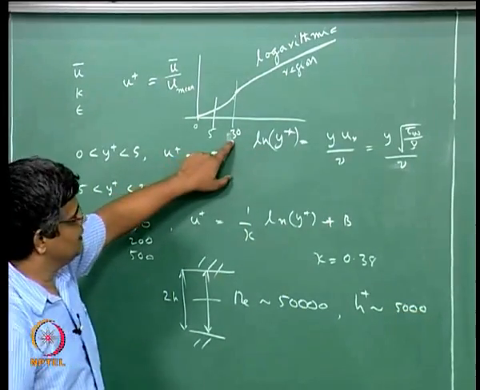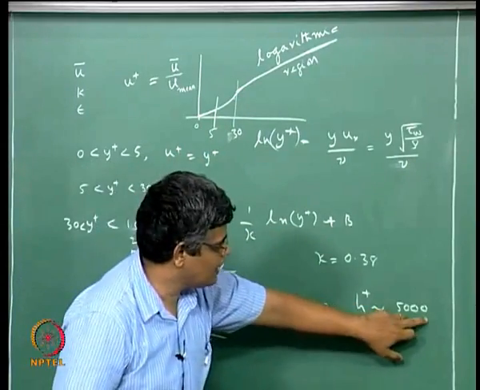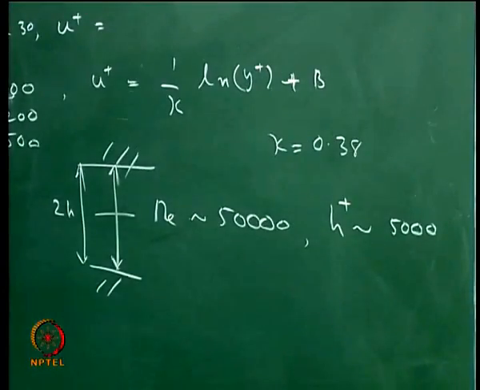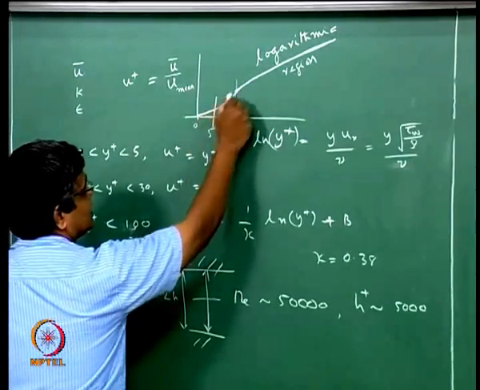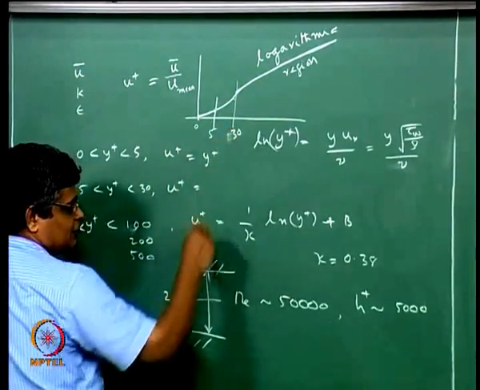So this 30, which is the beginning of this logarithmic layer, is a small fraction of this whole thing, and we take advantage of this to say that we know the variation of the velocity parallel to the wall.